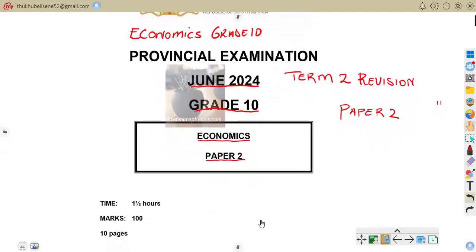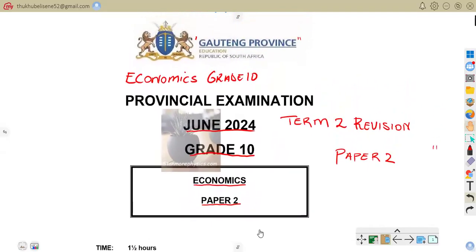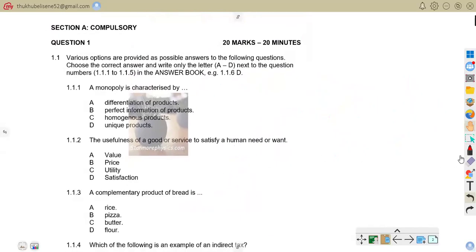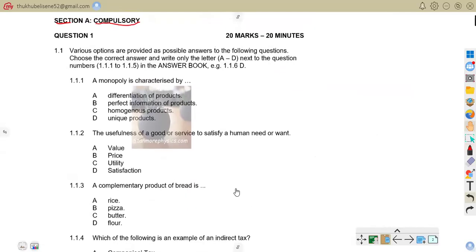So we are going to go to question 1, which is a multiple choice question. Section A is a multiple choice question and is compulsory. That is a very important instruction: with this section A, you don't have a choice. So let's attend to this multiple choice question.